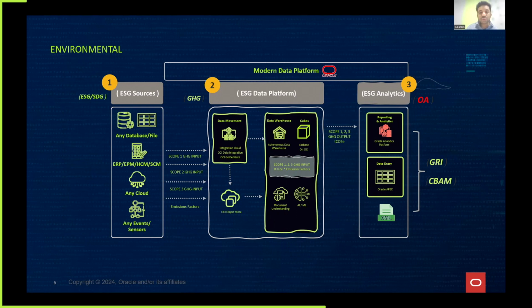If I have to focus on the environmental side of it, it's more focused on the emissions. And we might be capturing this information from different types of data sources. The operational aspects that I highlighted on the airline industry, within the airports or airport offices, we might be capturing the emission-related parameters using sensors. We might be calculating these metrics from, let's say, an application like enterprise resource planning.